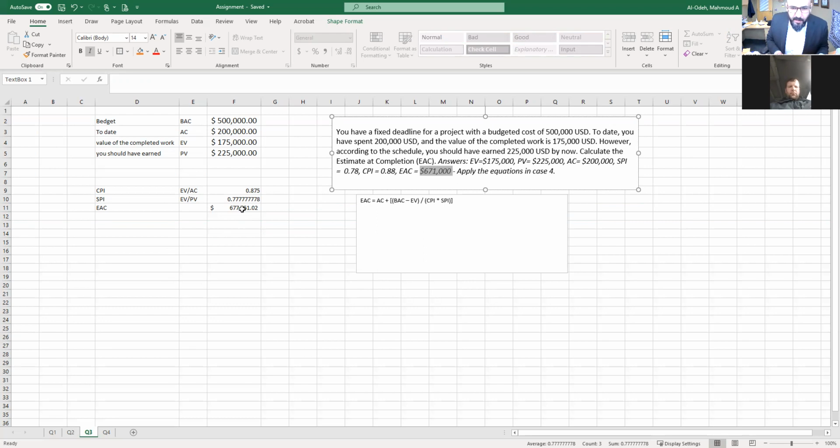The reason is that Excel gives you a more accurate number. For example, the CPI, I have it here as 0.875 and here it is 0.88, so it's rounded. And the same thing for SPI, we have 0.77, rounded to 0.78, but the rest would be the same.